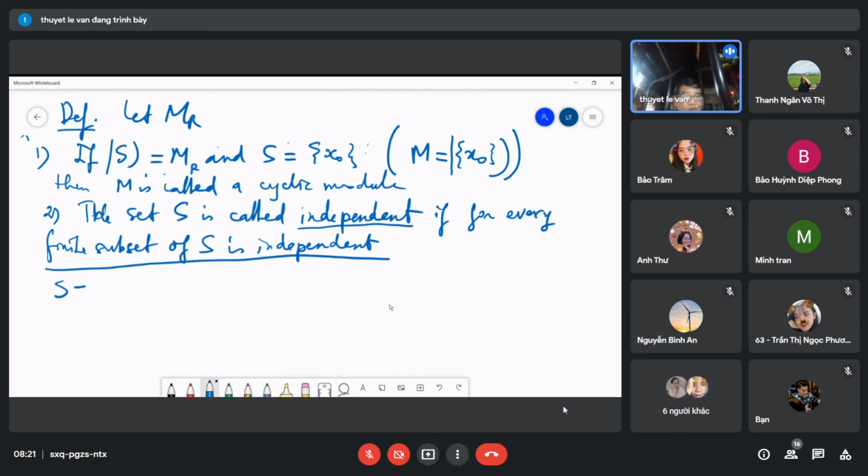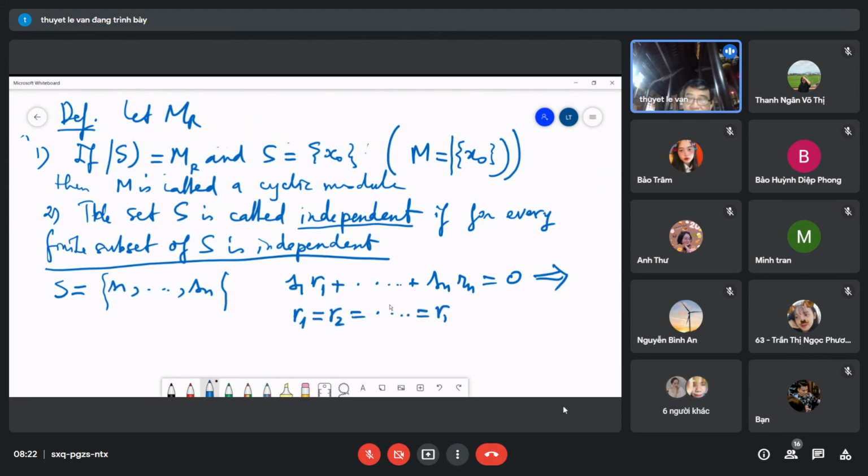For example, S equal to {S1, ..., Sn}, finite, and then independent, as you already studied in vector space, means that R1 S1 plus ... plus Rn Sn equal to 0 implies R1 equals R2 equals so on equals Rn equals 0.